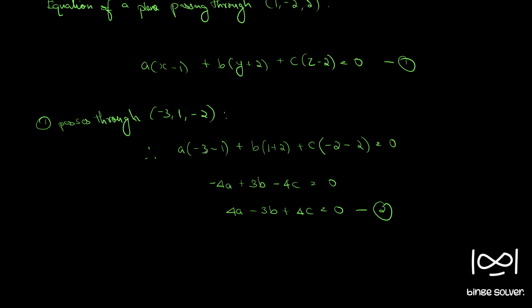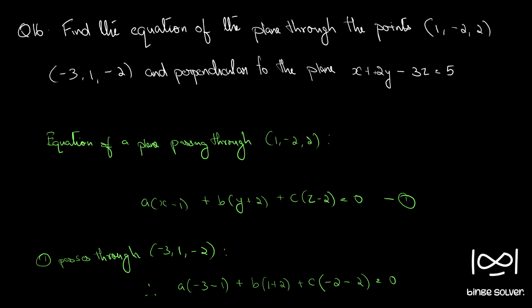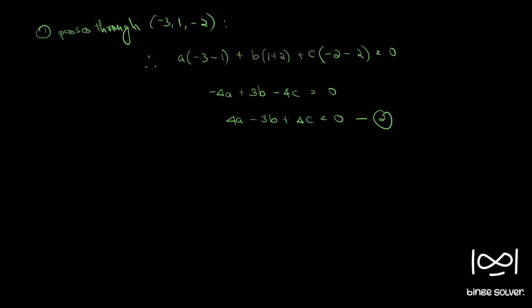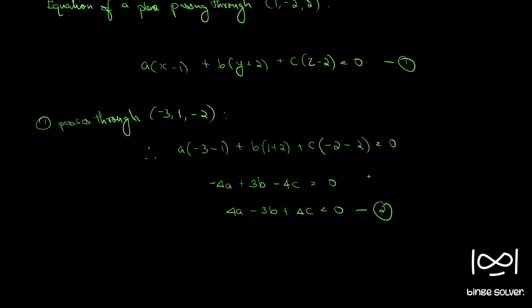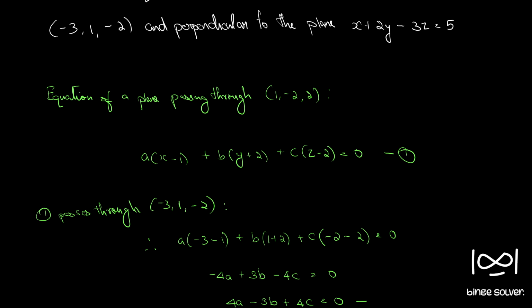Now the plane 1 is perpendicular to the given plane x + 2y - 3z = 5.